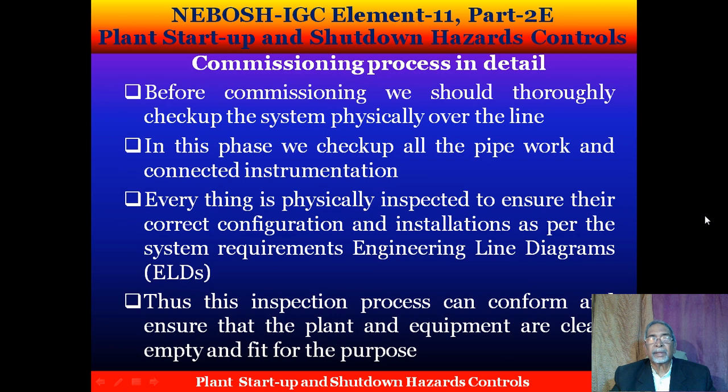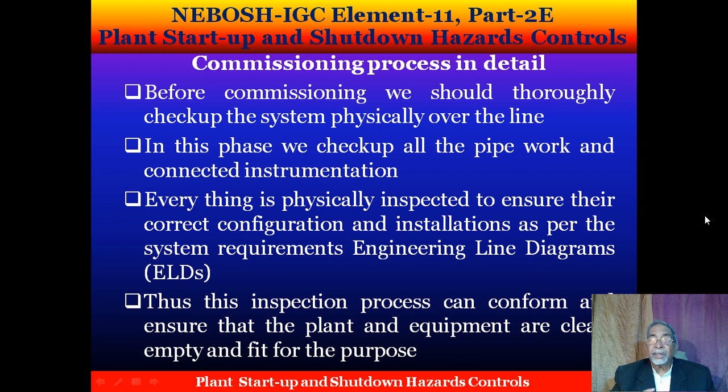Now we will discuss the commissioning process in detail. Before commissioning, we should thoroughly check the system physically over the line. In this phase, we check all the pipework and connected instrumentation.